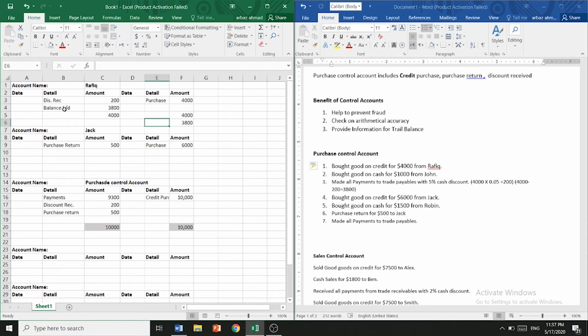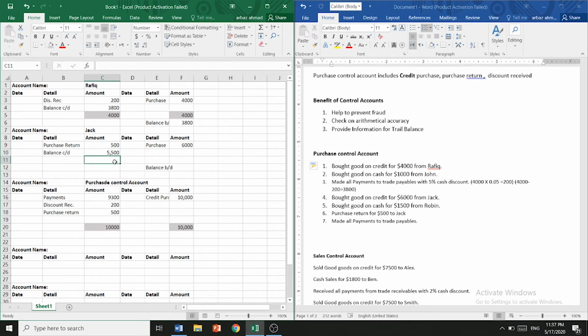So sorry, this is balance carry down, and this will be balance brought down. So this is total. Let me highlight this, and this will be the situation. So in this case and in this case also, let's say we are having balance brought down, so we will have 5,500.